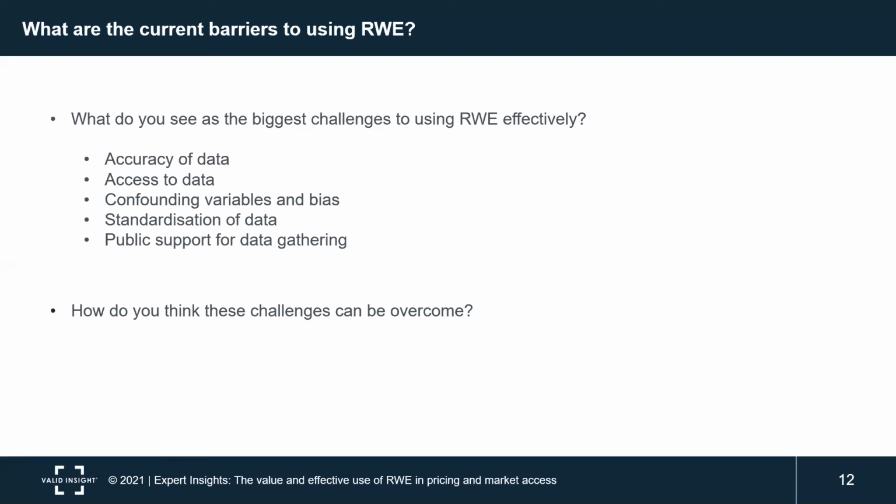Then, for sure, we have a problem of the accuracy of the data. We have a problem of access to data. Now I'm thinking of all the problems related to the GDPR, the privacy legislation that is very, very sensitive in Europe, but I know that also in the United States and in Canada, they have similar legislation.